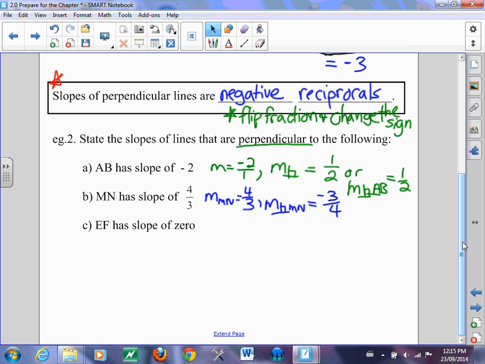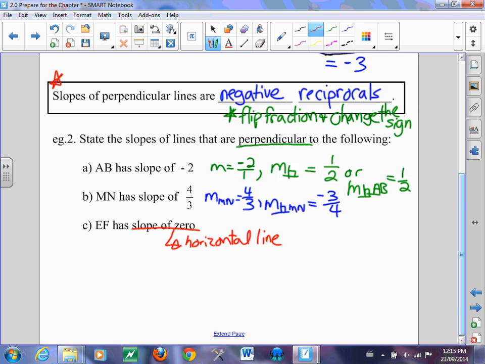Let's see if we can figure this one out. EF has a slope of 0. That's one of your 4 special types of slopes. Hopefully you recognize that that's a horizontal line. Okay, so M equals 0. That looks like this, straight across. Okay, if we want something to intersect at 90 degrees, it's going to be looking different.